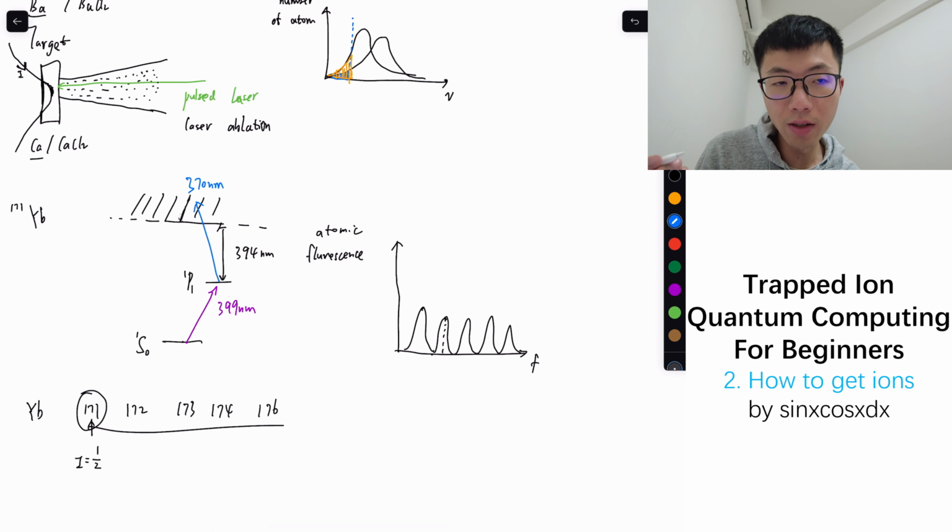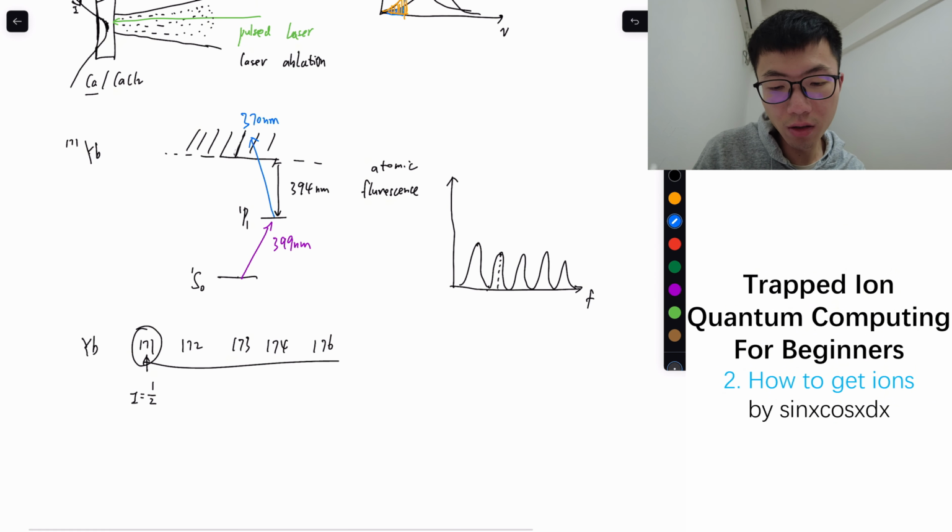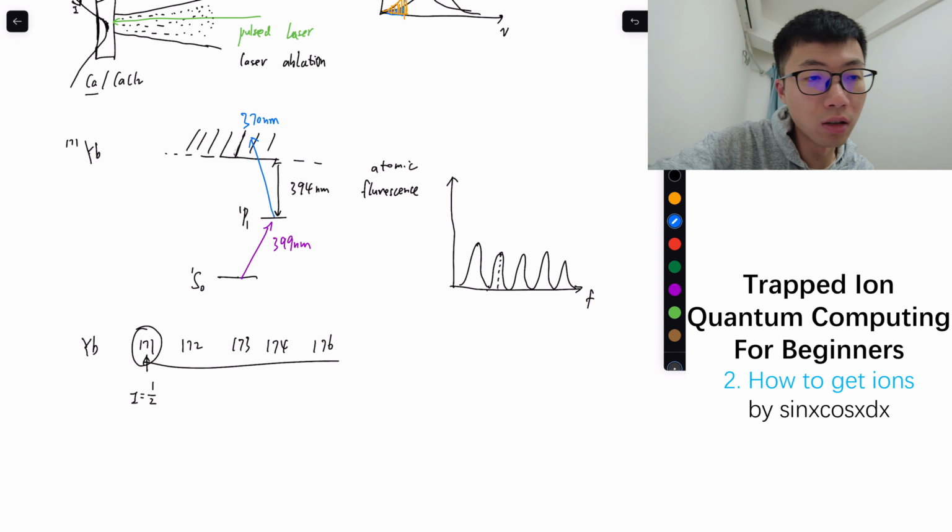This is just the laser for the transition of S and P for the ytterbium ion. So typically we use 370 for the second step of ionization. So this is the ionization process and how to do the isotope selection.